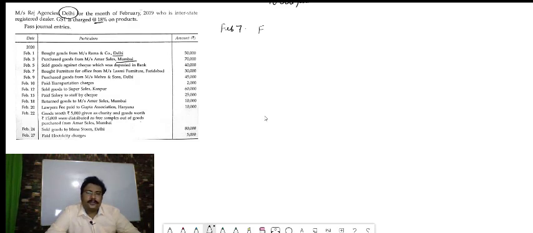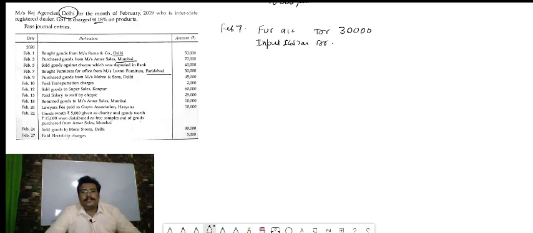So furniture account debit worth rupees 30,000. I told you it is outside of Delhi, so it will be IGST. So input IGST account debit.